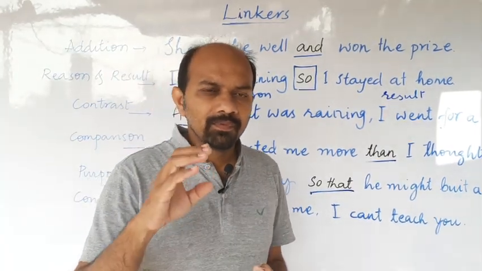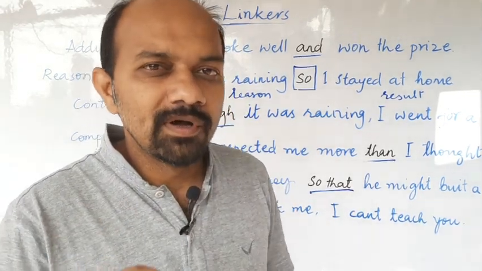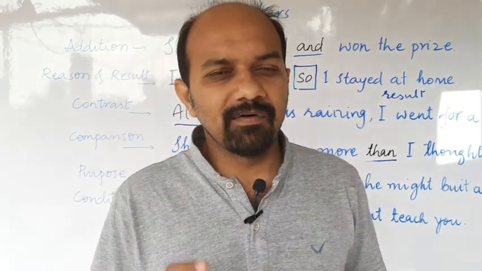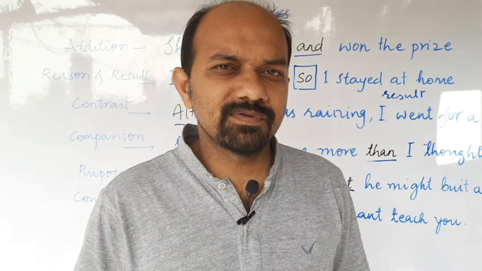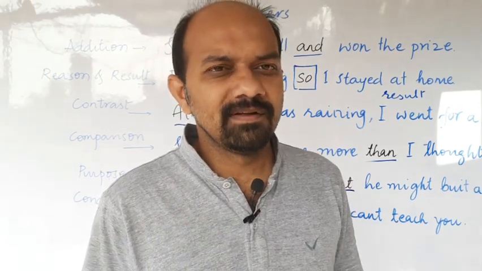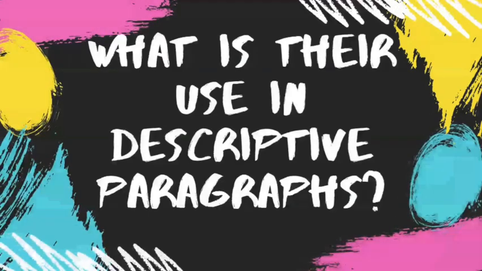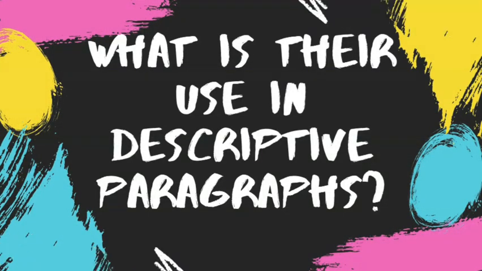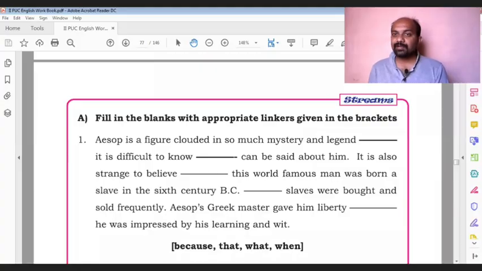Now, we will move on to examine some paragraphs, and those paragraphs will help us to understand linkers better. After looking at the sentences, this is the time for us to see the paragraphs.